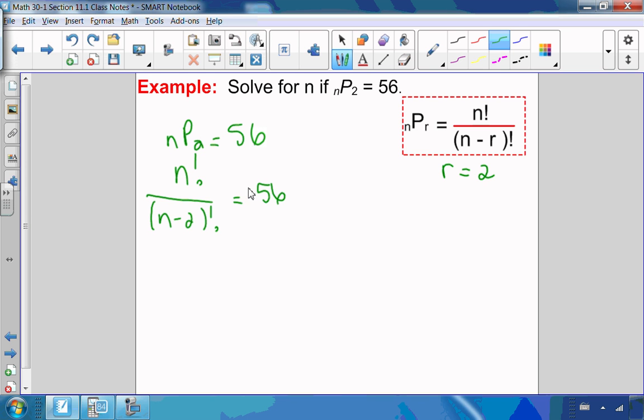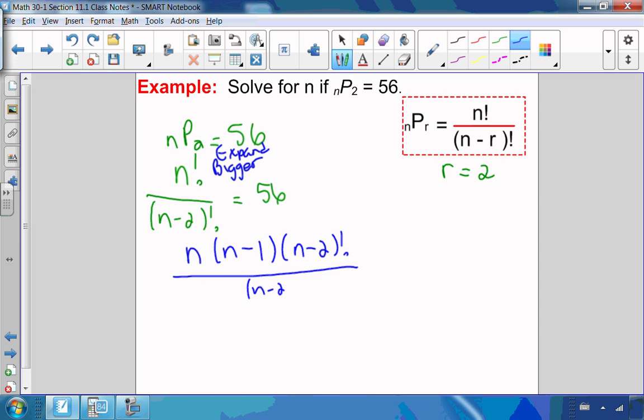Applying the formula, I'm back to where I started the lesson. When we did questions like this, we always started with the bigger, and we always want to expand the bigger. So n is bigger than n minus 2. I'll start with n, then go one less, then one less, and I can stop now because I have a match in the denominator.